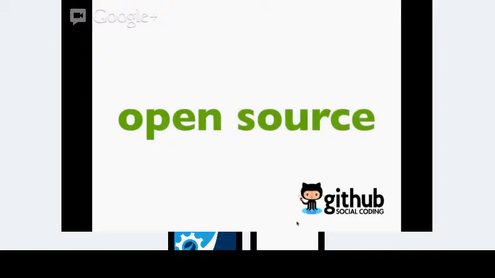But surprisingly, it's not like that in the mapping world. So Google Maps API, despite being a JavaScript library, is closed source. Its source is obfuscated.